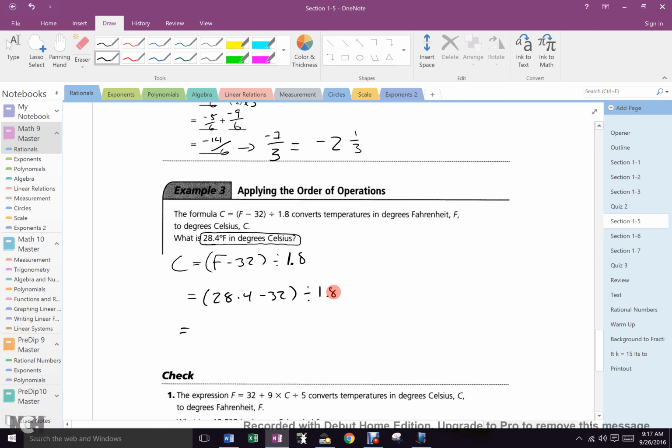And now I just do my work. What do I do first? Great. Can you do that in your head? You could, but why would you when you're allowed to use your calculators? Get it out and try it. What is the answer?